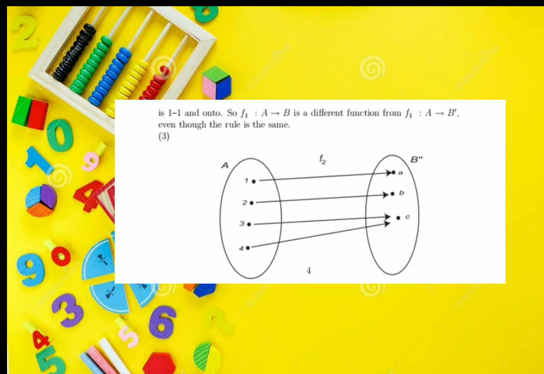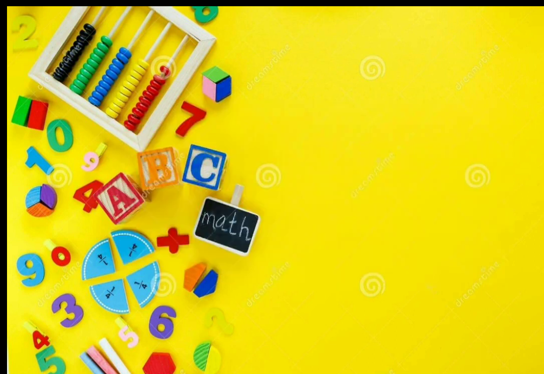In the third picture, the function is not one-to-one because 3 is not equal to 4, but f2 of 3 is equal to f2 of 4, yet the function is onto.